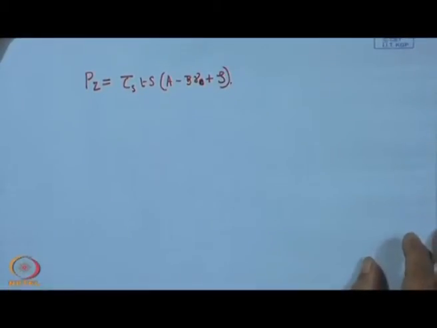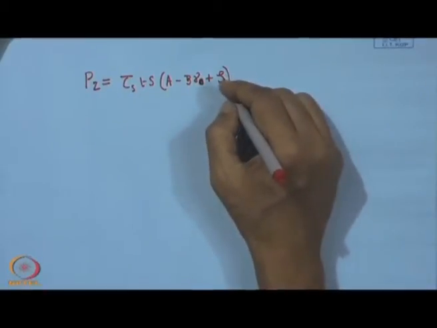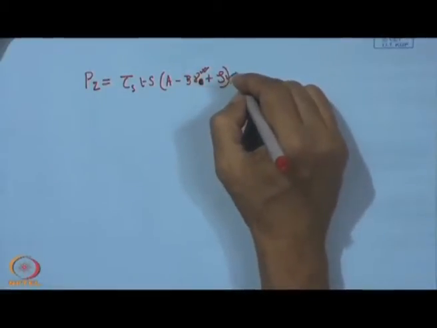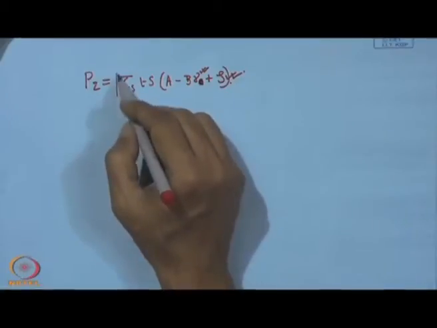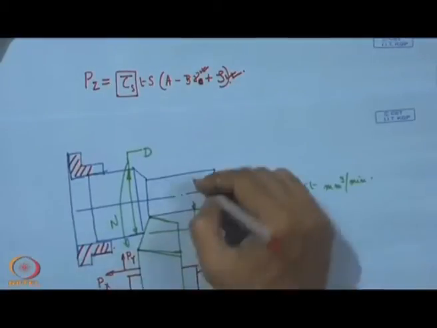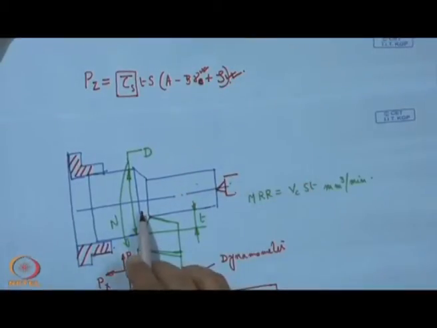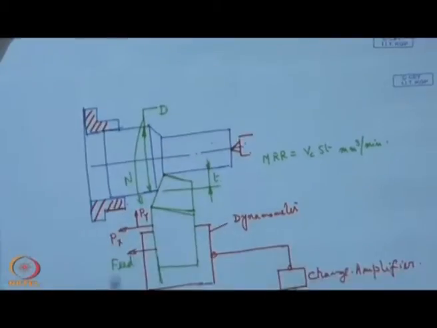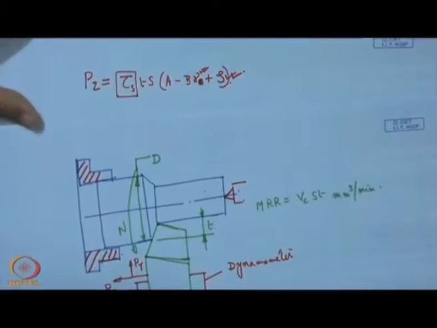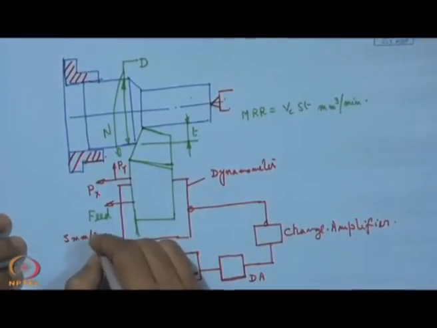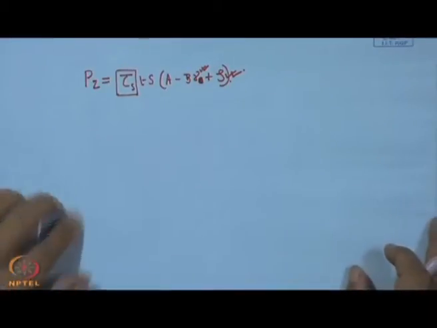In this case, the value of zeta also comes in very much here, and this is the orthogonal rake angle, this is the chip reduction coefficient, and this is the dynamic yield shear strength of the material which is being machined, this is T, and that is the feed, which is S millimeter per revolution. So, this is the way we put everything inside and get the value of P z.